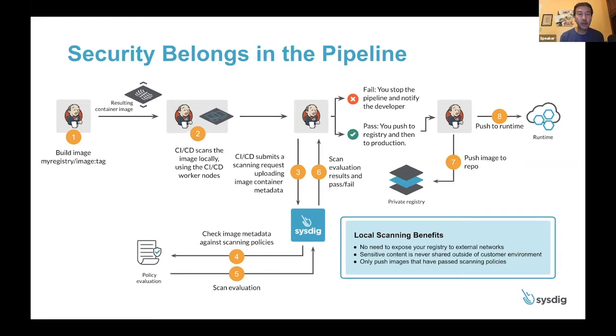So not only can we automatically block code and images that have something that we don't want them to have, but we can also do that in a way that gives feedback to the developers.